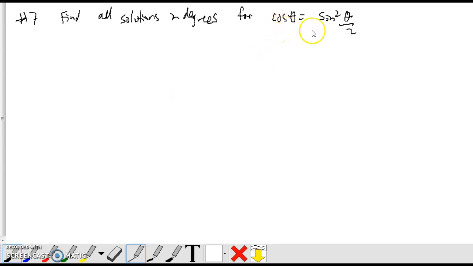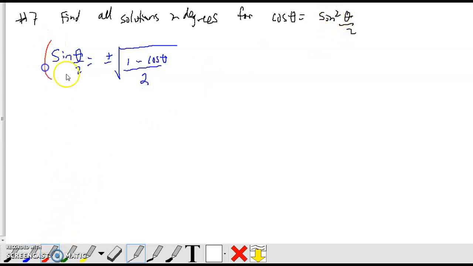What do I know? I know that I have a half angle and a regular angle. So this is when we do want to use our equation. Sine of theta over 2 is equal to plus or minus the square root of 1 minus cosine of theta all over 2. Now, I need this to be squared, so the only way is to square the right side and the left side.